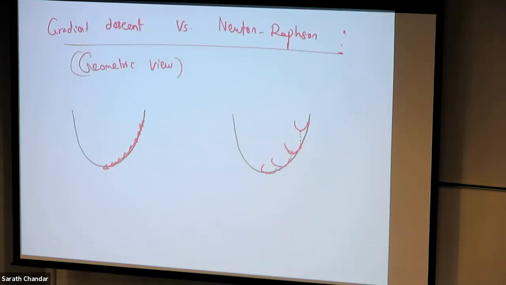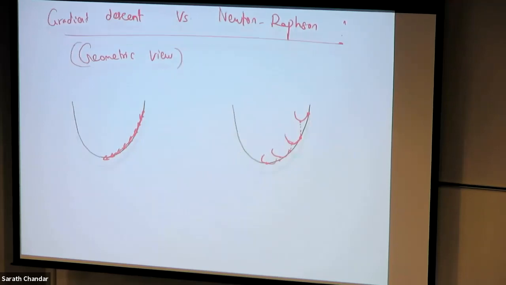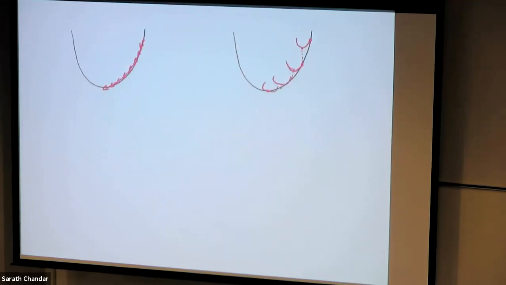Is that clear? Now I'm going to show you a slightly non-trivial geometric view. Let me know if you don't get it. This is function f, right? We're going to look at how these algorithms behave in f dash space.